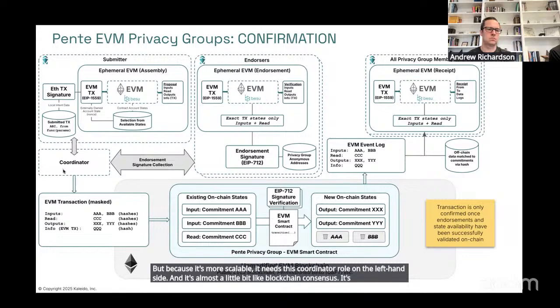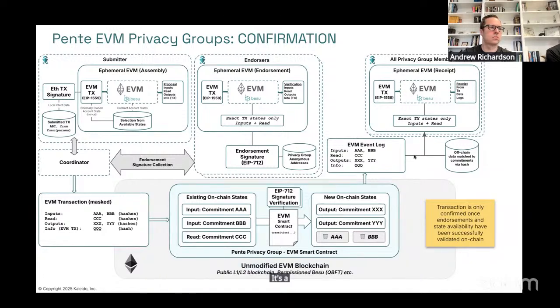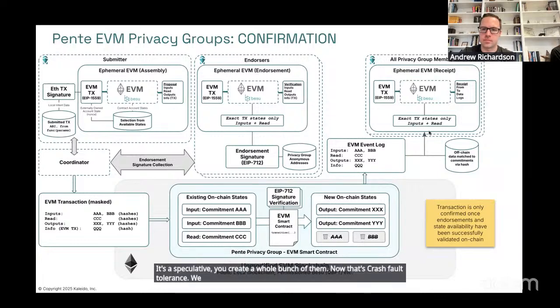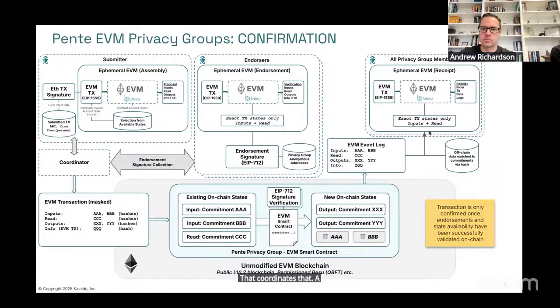We call it the decentralized sequencer algorithm, and it's a way to get high performance throughput. It's quite clever, because you have to get ahead of the blockchain if you want to put lots of transactions into a block. You have to speculatively create a whole bunch of them. Now that's crash fault tolerant. We can talk about Byzantine in maybe a deep dive session, but that's a crash fault tolerant algorithm that coordinates that, allows shared ownership of the transactions, and allows crash fault tolerance of individual members.